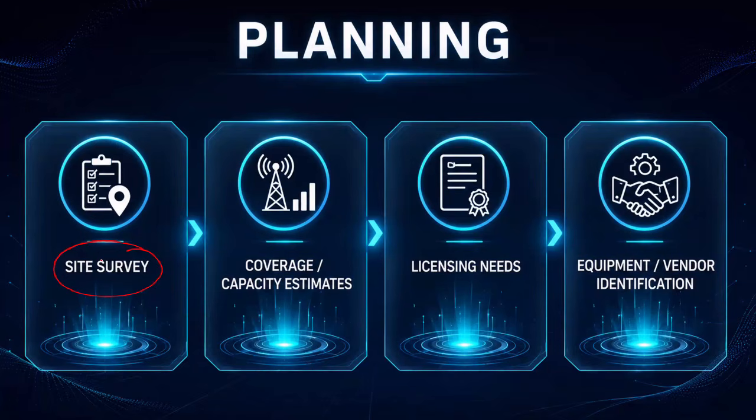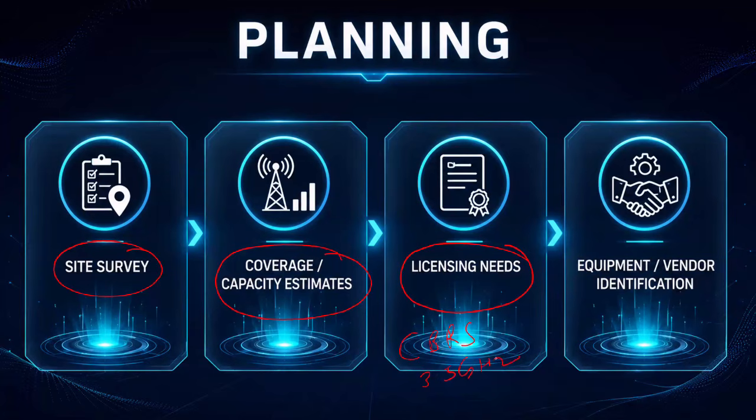Second is coverage and capacity estimation. Coverage tells us where we need the signal, but capacity tells us how much traffic the network needs to support. So we need to consider the number of users and devices, expected throughput, applications, and the peak traffic as well. The third is licensing and spectrum. We need to determine what spectrum will be used. For example, in the US, for private 5G deployment, we generally use CBRS, the 3.5 gigahertz band.